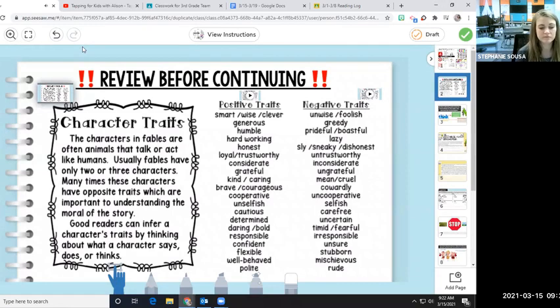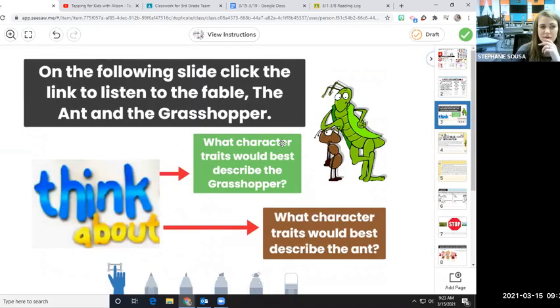Usually fables have only 2 or 3 characters. Many times these characters have opposite traits, which are important to understanding the moral of the story. Good readers can infer a character's traits by thinking about what a character says, does, or thinks. Okay, so again, we're thinking about what a character does, what a character says, what a character thinks, and what a character feels. Okay. Alrighty, let's go on to slide 3 here.